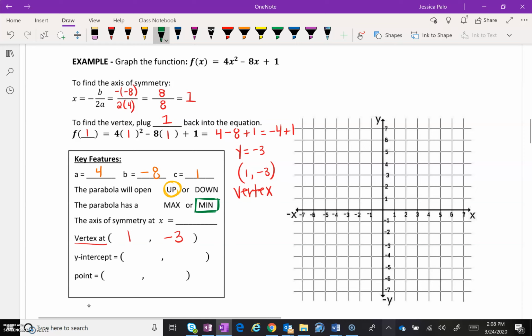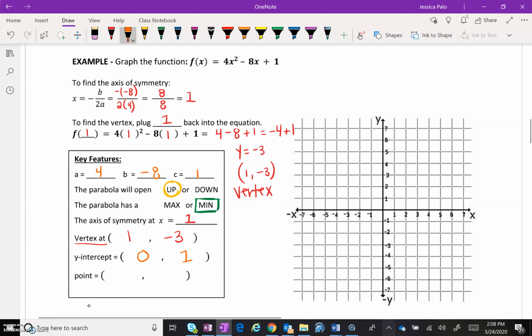We also know the axis of symmetry is at x equals 1, which makes our vertex (1, negative 3), which we already covered. And our y-intercept is c, so it is going to be (0, 1), because c is 1.